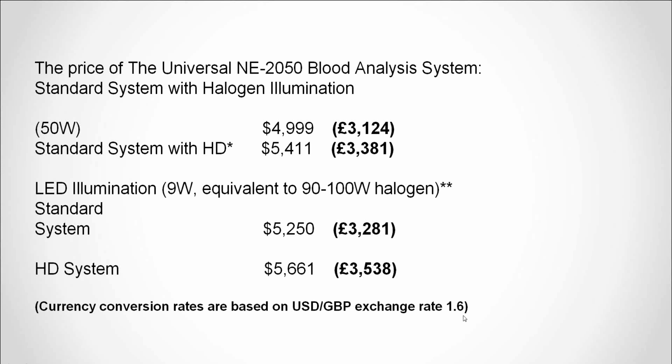In some countries there may be some income taxes that would need to be paid to release the systems from customs. But generally the shipping to your country is included in this price. Okay, and that is shipping to the UK, everything included? Absolutely. Okay, brilliant.